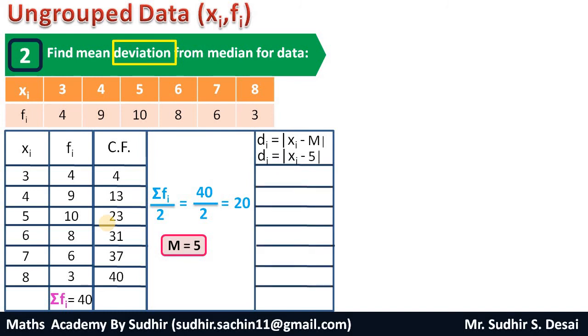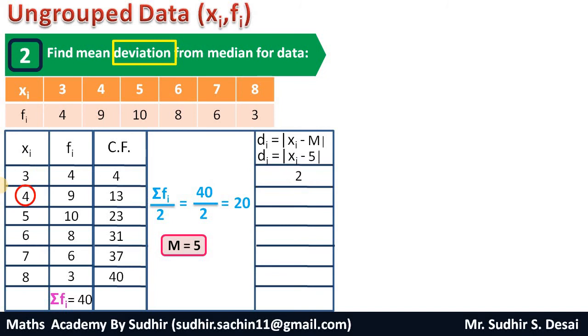Now we are going to subtract 5 from each of the observations xi. So take carefully the observation. So first observation is 3. It is subtracted from 5. So 3 minus 5 is minus 2 and its absolute value is 2.